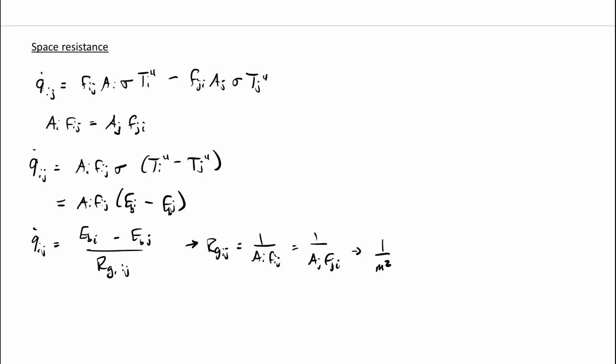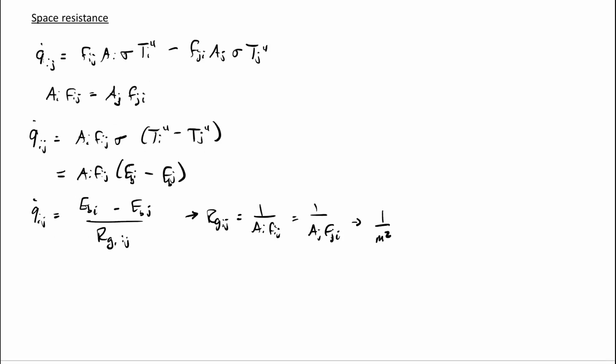We'll actually do that. So let's conceptualize what we have here. The easiest way to write this would be E_bi, then this resistance R_g,ij to E_bj, so it's the same idea. And then we have heat flow, as usual, Q dot from i to j.